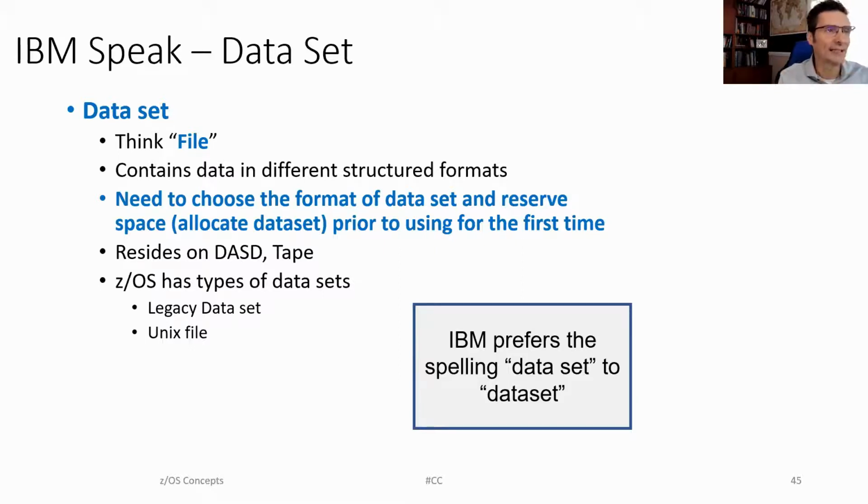And for a traditional data set, you cannot just write it on the fly. You have to pre-allocate the data set, which means reserving space for that data set prior to the first time you use it. It's going to reside on that DASD volume.